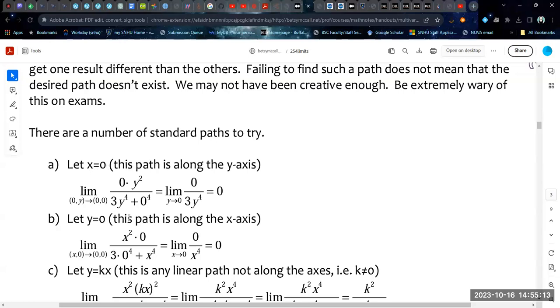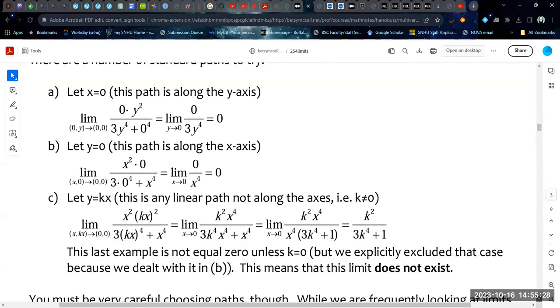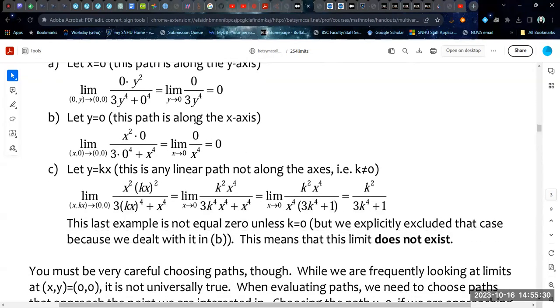So if you let x equal to 0, then the x's cancel out, and you end up with just 0. If you let y equal to 0, along the x-axis, then you get something similar in that your numerator goes to 0, and this is identically 0 all the time along that axis. So the limit is 0.